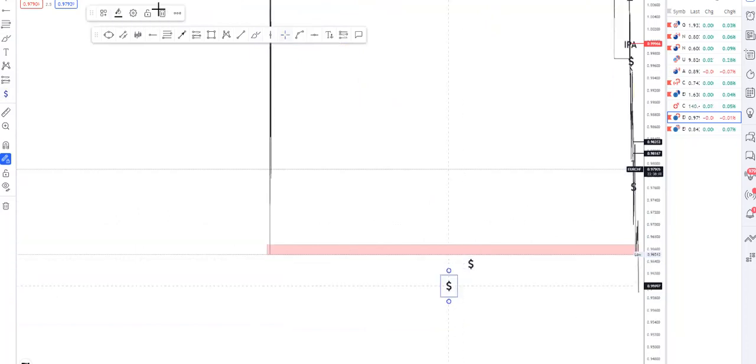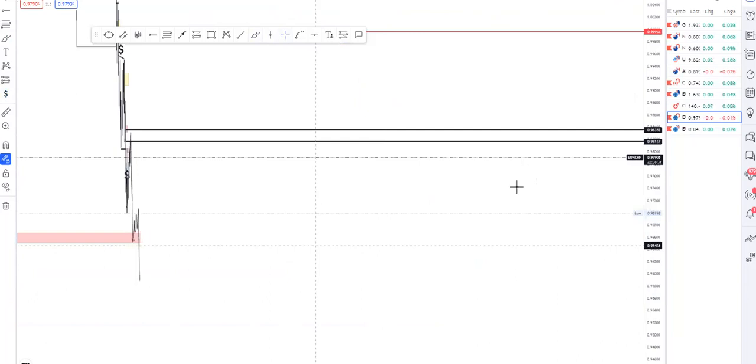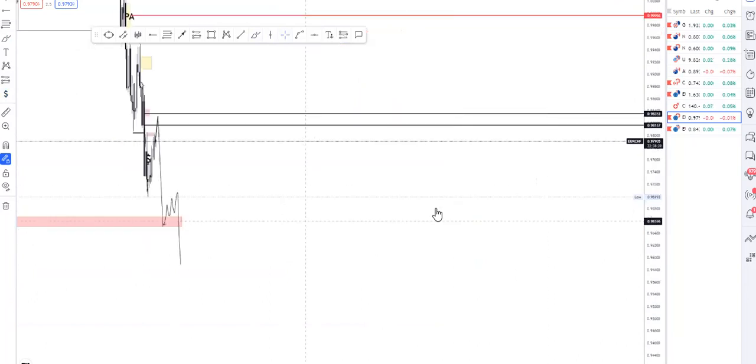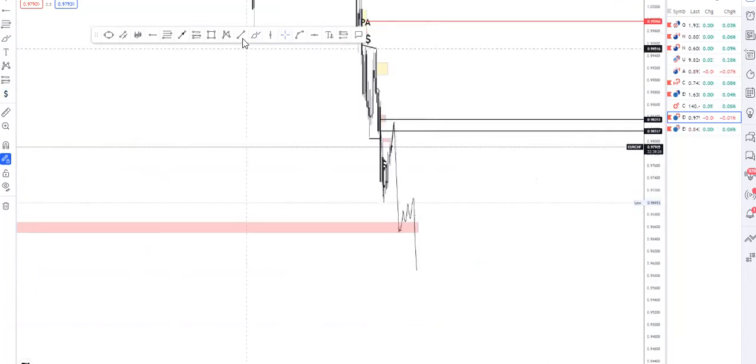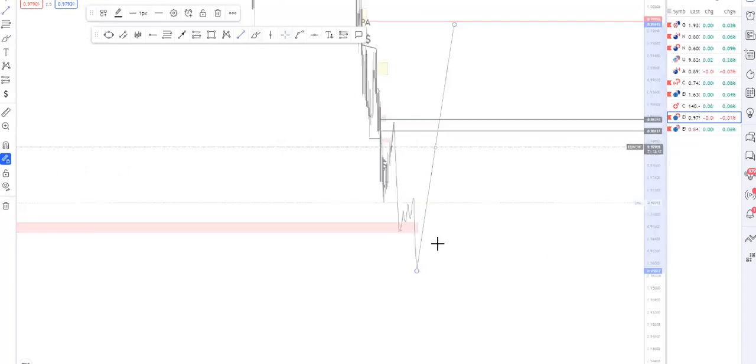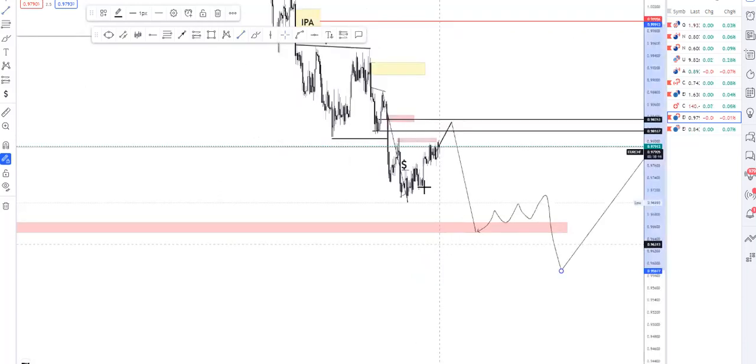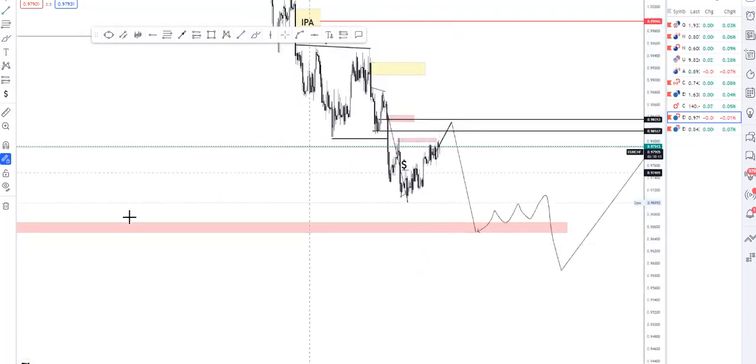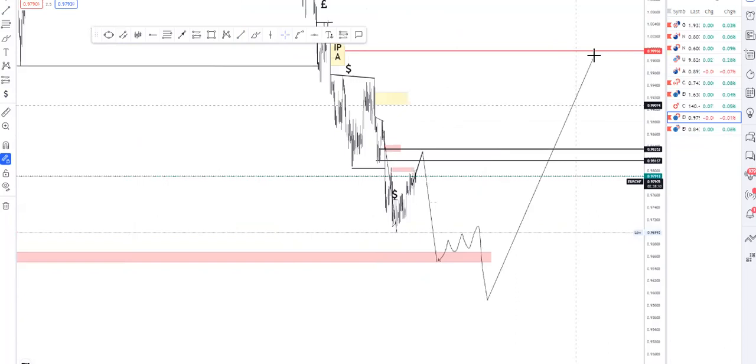So I'm anticipating price to do what it is known to do, cause like a flag here, a chart pattern, drop it, clear liquidity before we see that move to the upside. So for Euro CHF, that is what I am actually looking out for.